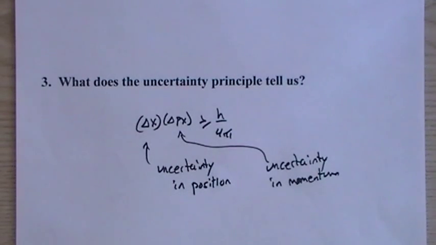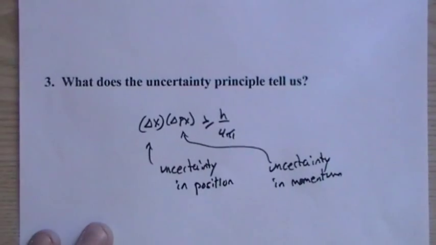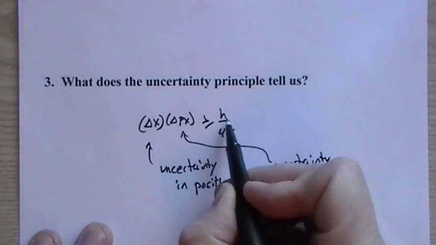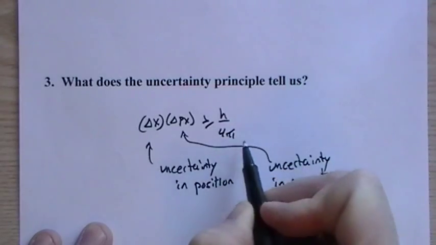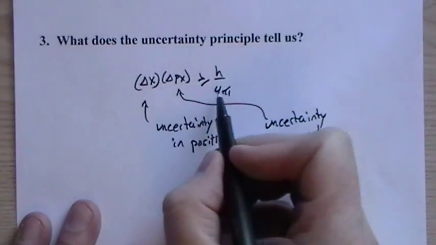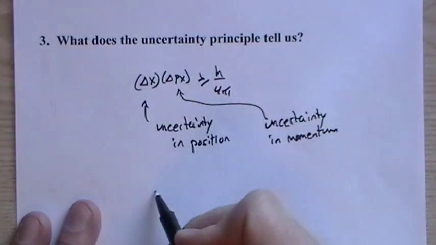We don't normally see it or think of it when we're dealing with, say, some baseball flying through the air or a car moving. But everything has an uncertainty in its position and uncertainty in momentum. And those two things multiplied together have to be greater than or equal to h over 4 pi. So there's always that inherent uncertainty we can't get around.